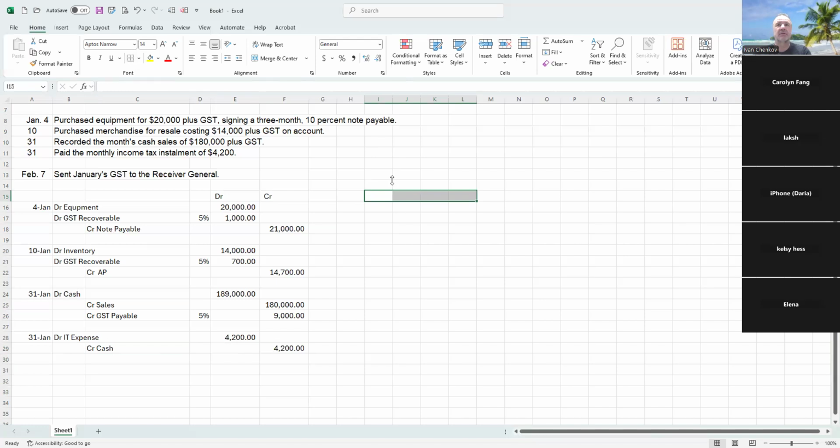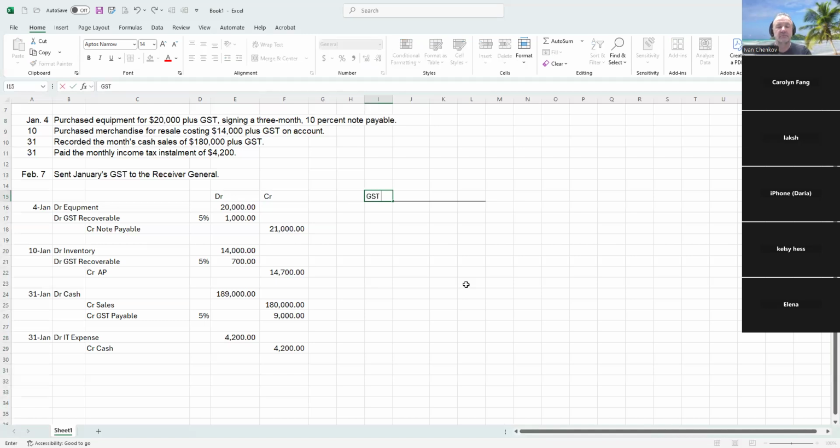So now let's chase what's happened with the GST. On one side, I'm going to have GST recoverable. On the other side, I'm going to have GST payable, correct? Now we have to see where we are. Recoverable: on January 4th, I have $1,000, right?